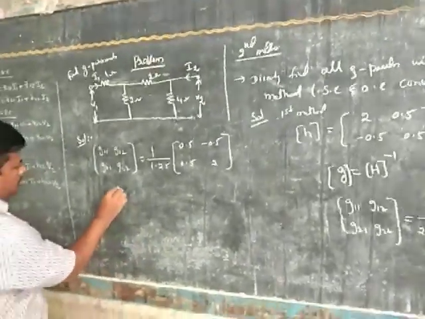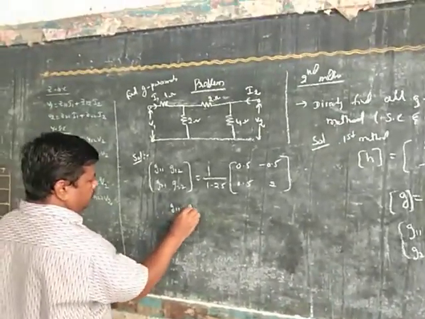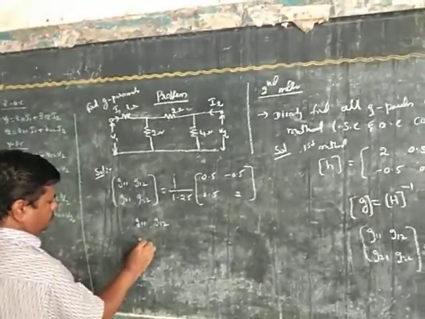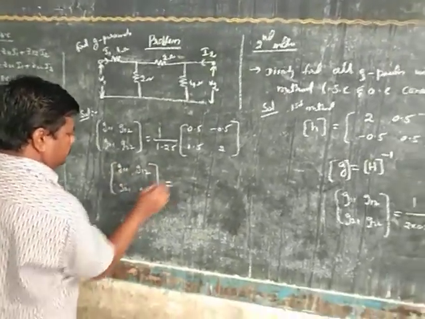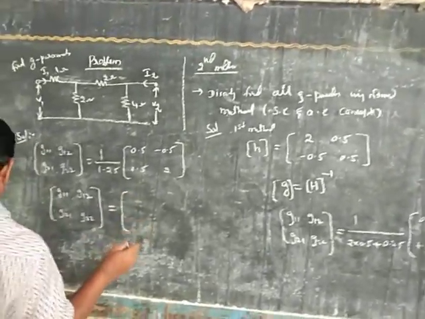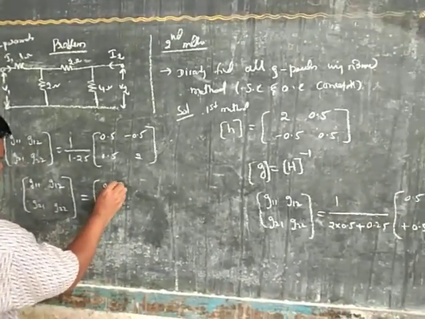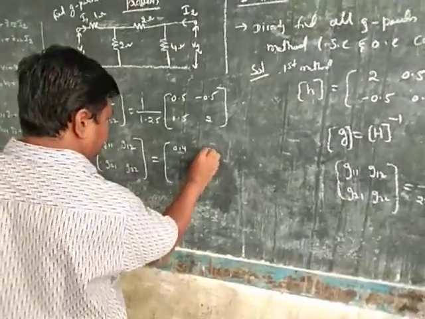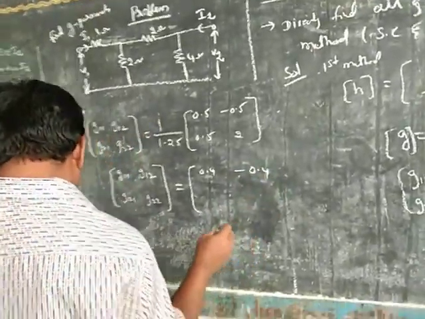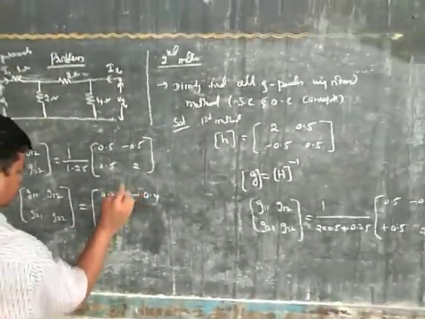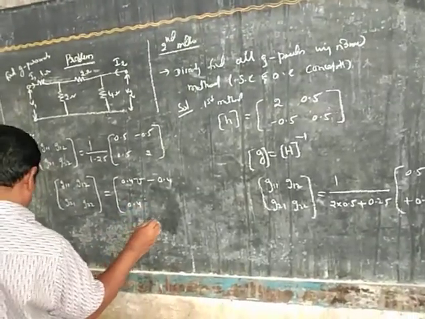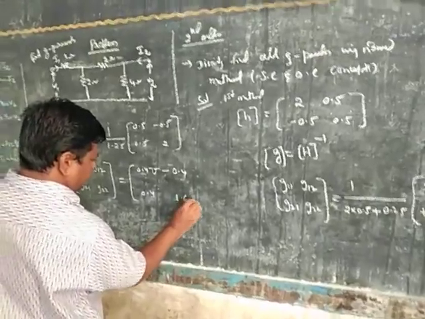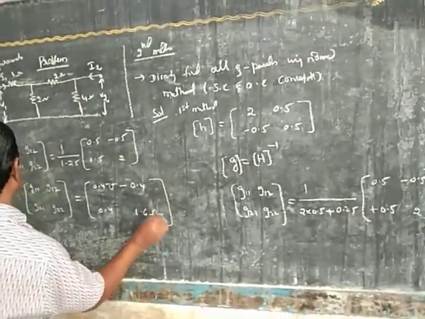Finally G11, G12, G21, G22 is equal to: the values are 0.4 mho, minus 0.4, 0.4, and 1.6 ohms.